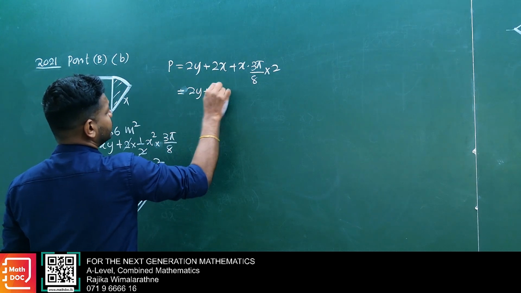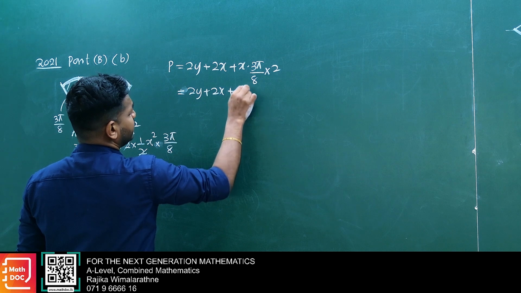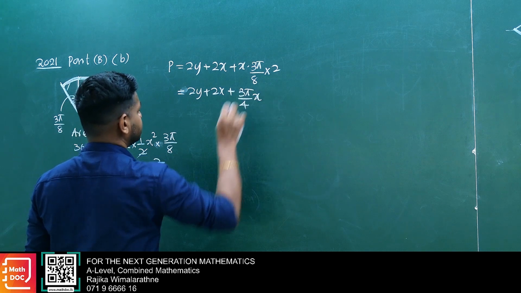So P equals 2y plus 2x plus 3 pi divided by 4 x.